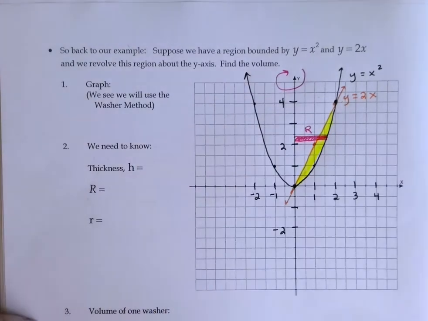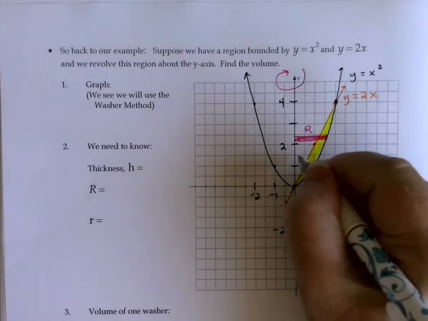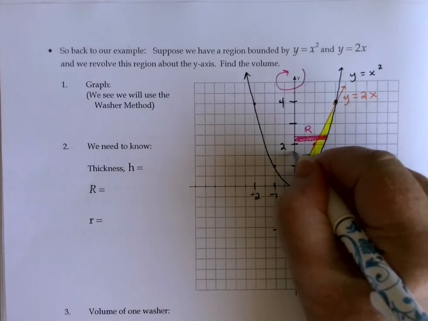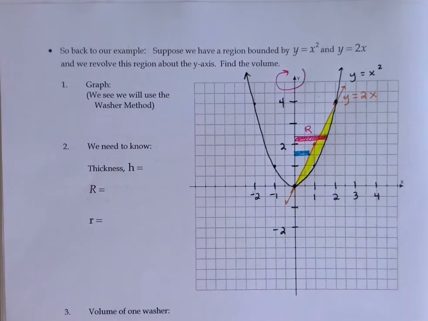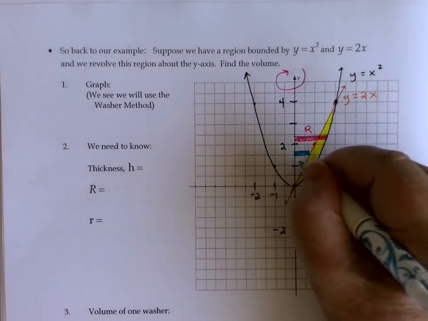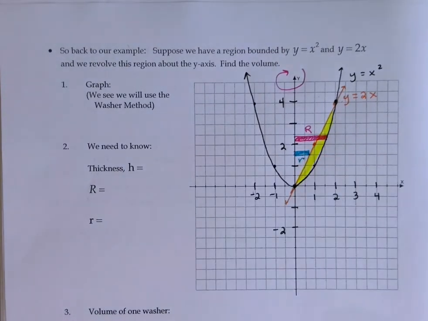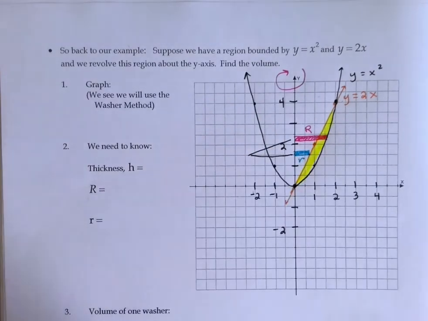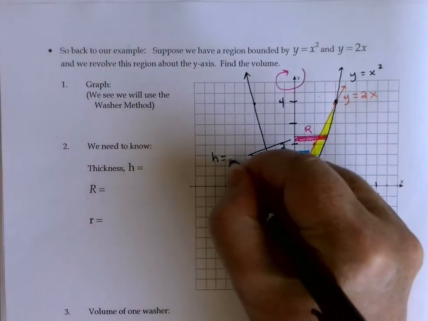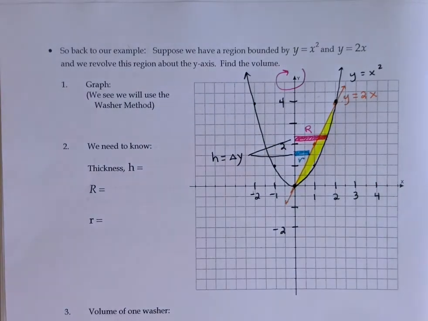There's my capital R. And then to create the hole, I'll go from that axis of rotation just to the inner edge. The h, same for both, is just a little piece of the y-axis, so we'll call that delta y.